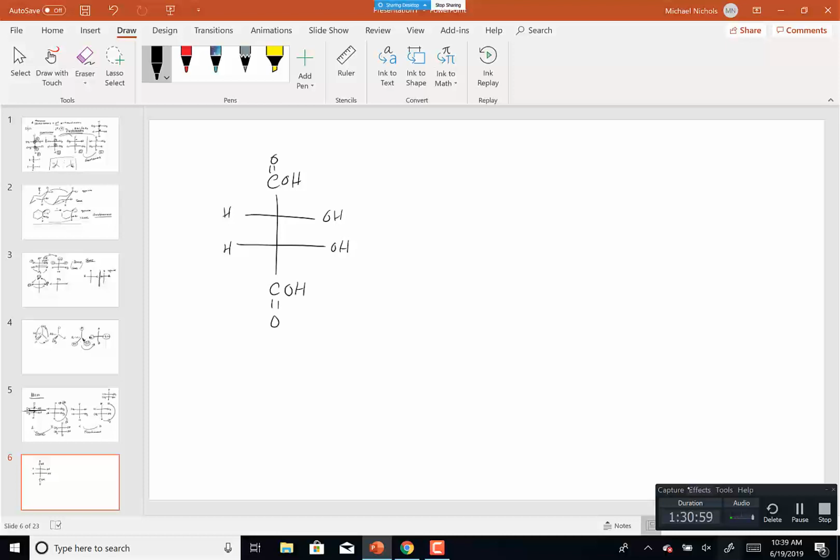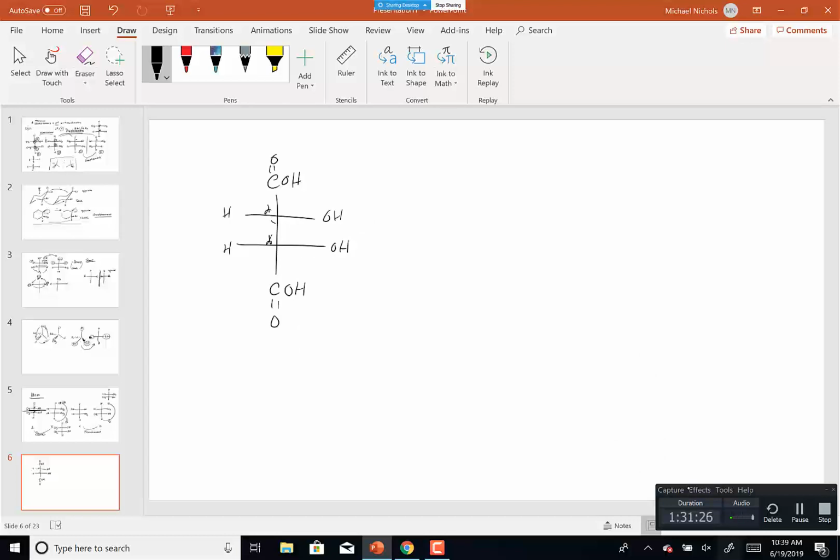For the tartaric acid, they found crystals that you could align that were mirror images of each other. They were chiral, not superimposable on themselves. But then there were crystals that were perfectly symmetrical, that when you lined them up, they were mirror images. And so tartaric acid, with this kind of structure, has two chiral centers.